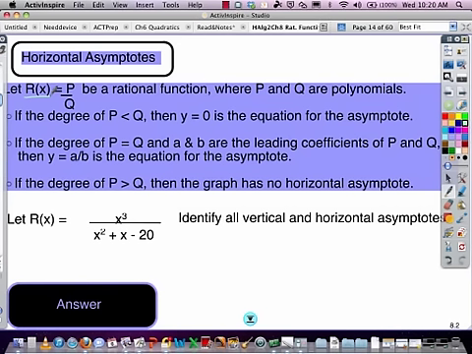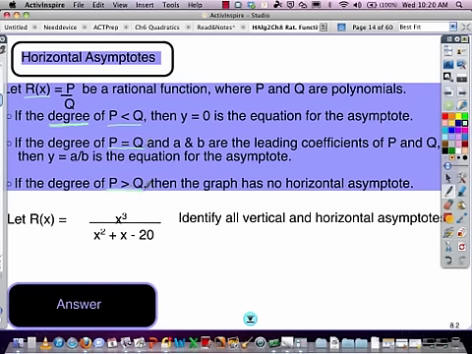Now, p is a polynomial, q is a polynomial, they will have degrees. So notice, in each of these, if the degree of the top is less than the degree of the bottom, if the degrees are equal on the top and the bottom, and if the degree of the top is greater than the degree of the bottom.